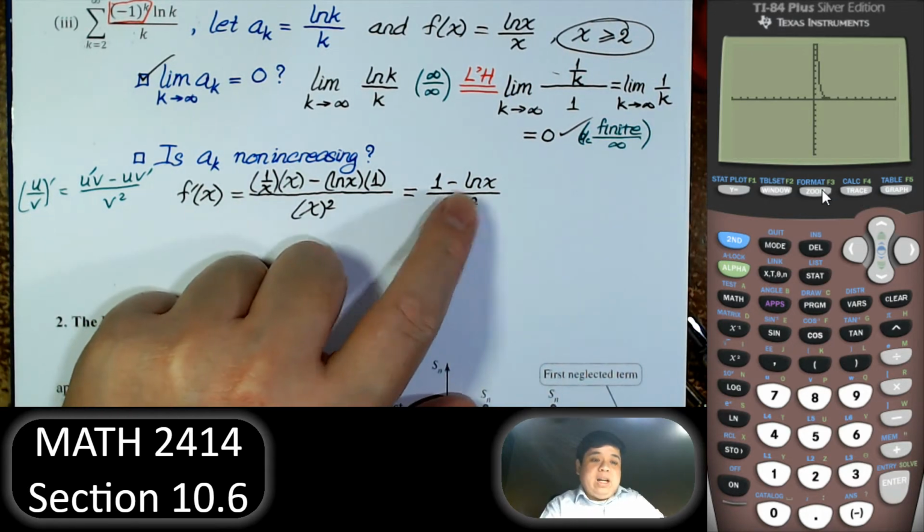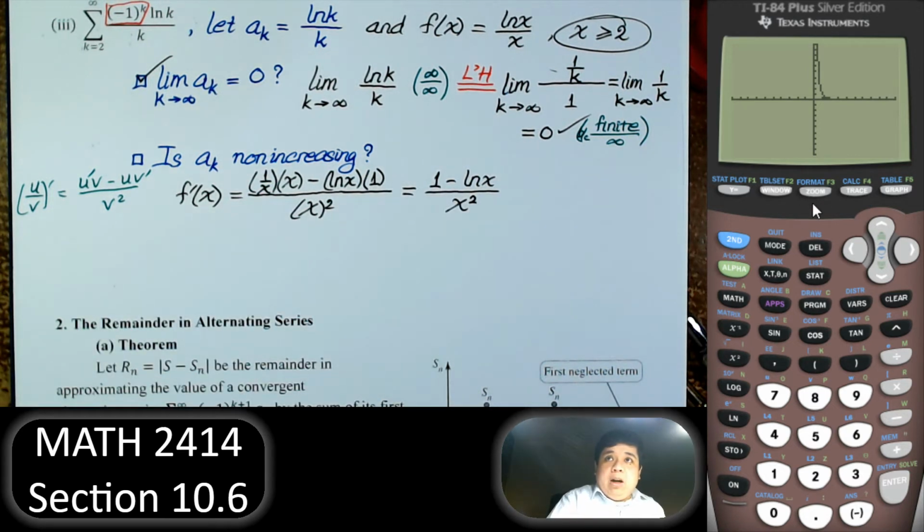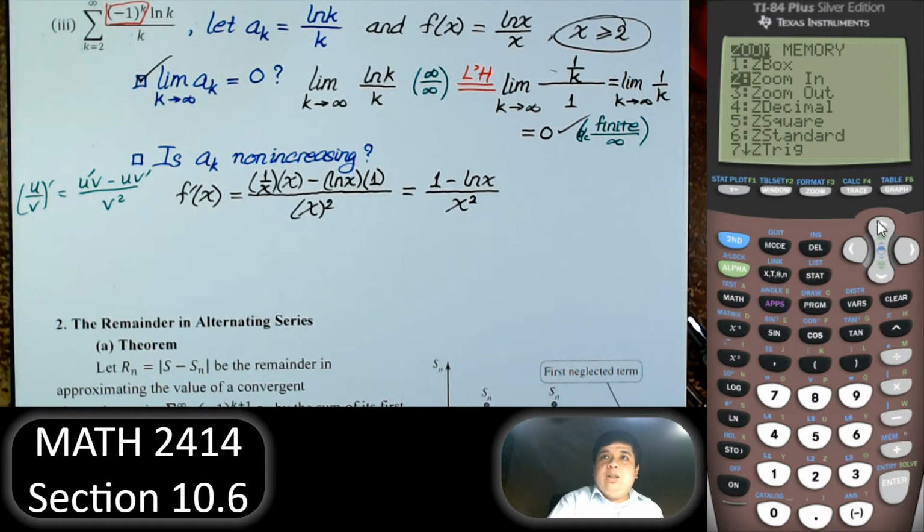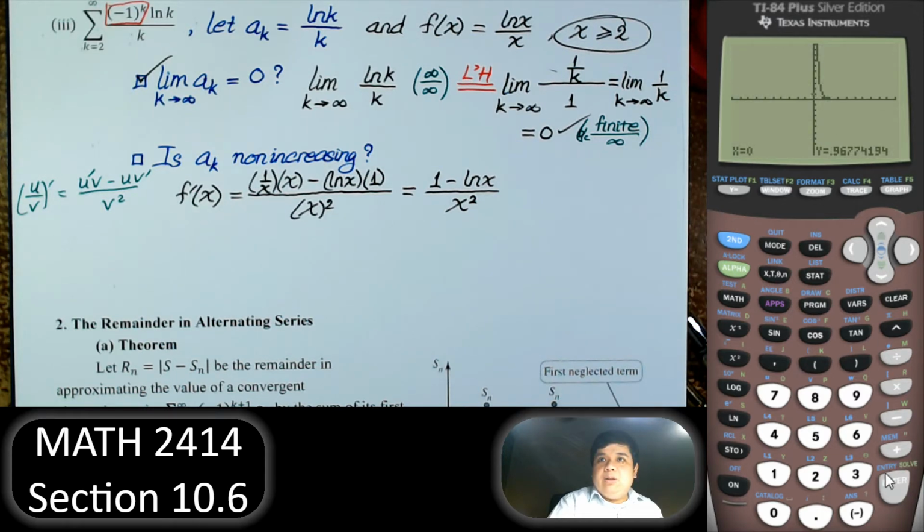Because x squared at the bottom is getting bigger, the top is a lot smaller. But I will zoom in and you will see. So at 2 it is positive, right here is positive, but after that it is negative.